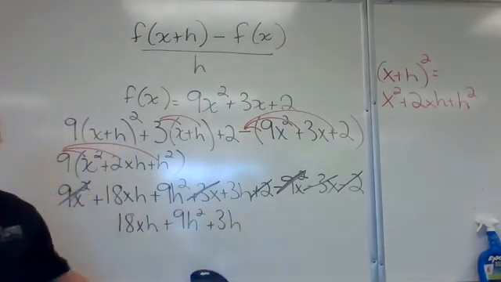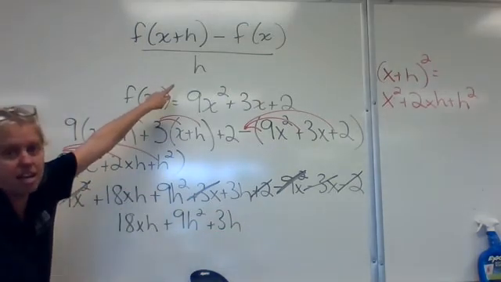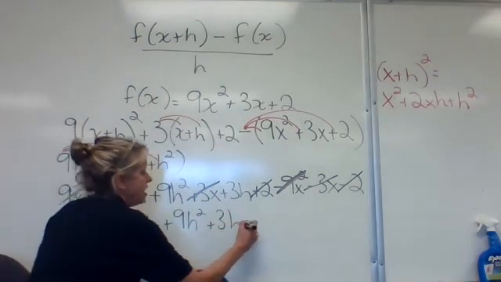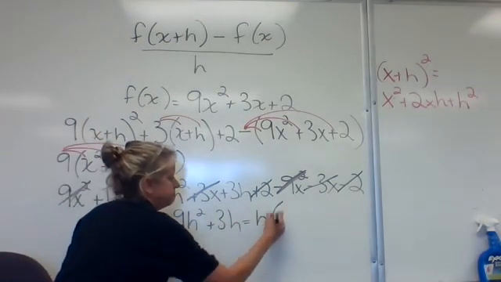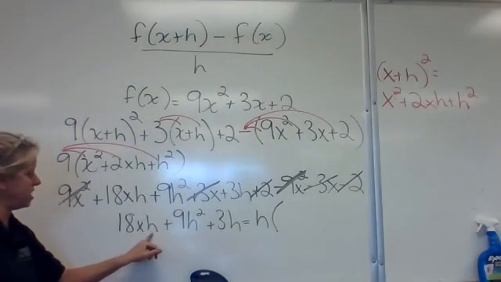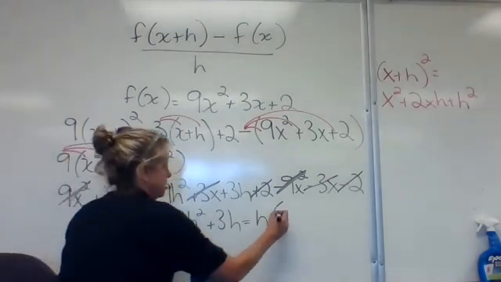So what I notice about this is they all have h's, which is going to help me cancel that bottom h. Because since they all have h's, I'm going to pull the h out, take an h out of each of these and see what's left. So if I took the h out of this, I'll just be left with 18x.